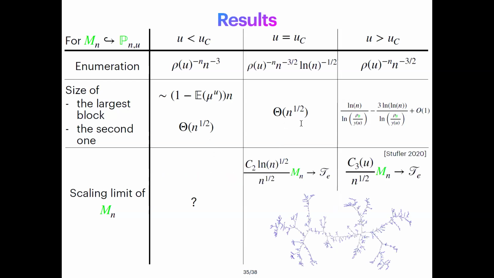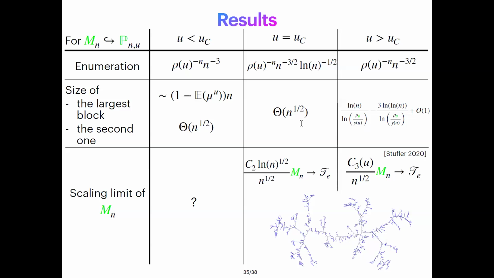And as for scaling limits, in the subcritical case, we have no result because we did not try, because honestly, even for u equals 1, it's not known. So we had not really any hope of finding anything in the context of this study.